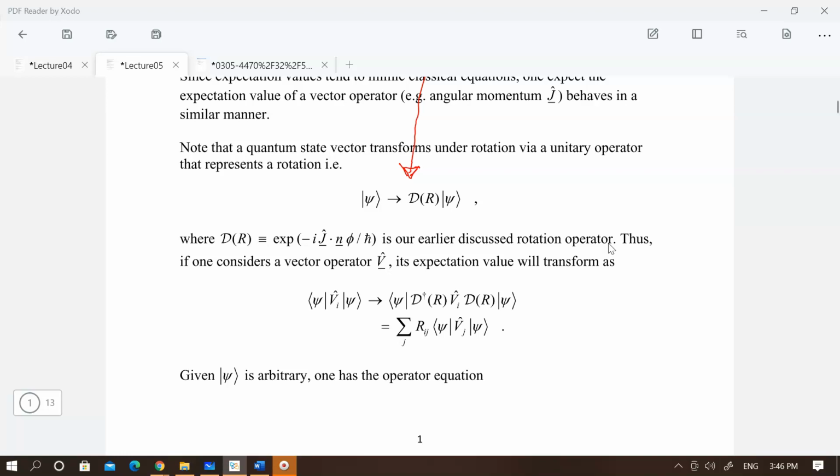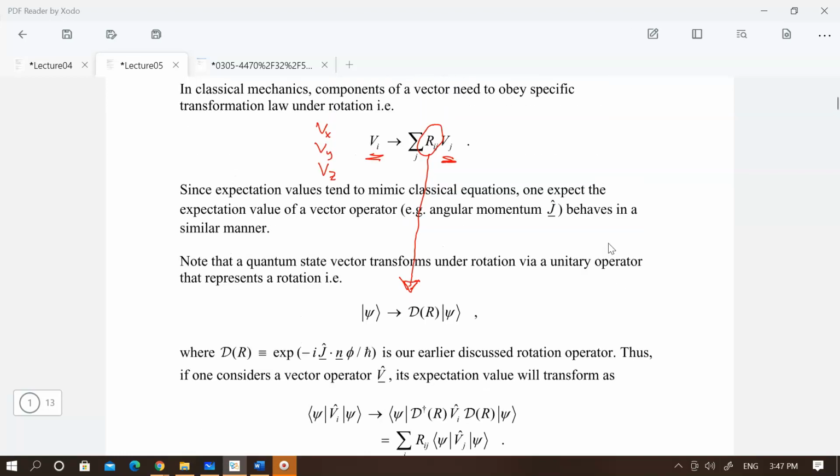And you can actually rotate this expectation value to give a new expectation value given by the rotation operators here. So this sort of does the rotation, and that will correspond to the other side of this mapping.